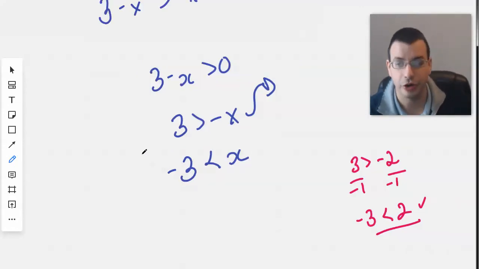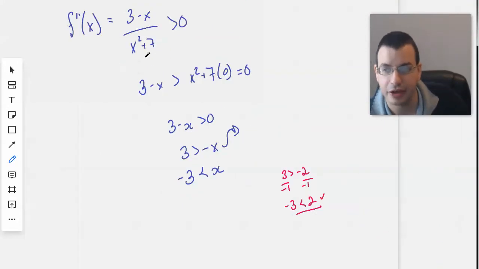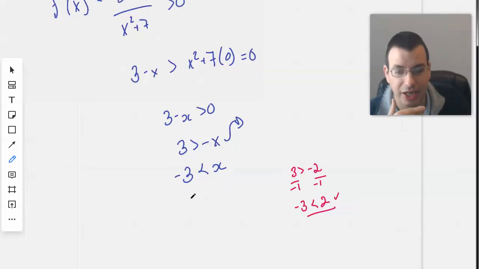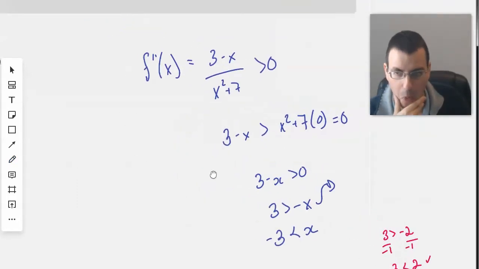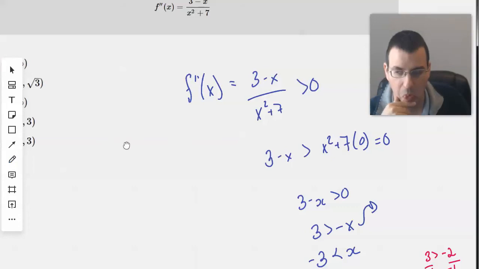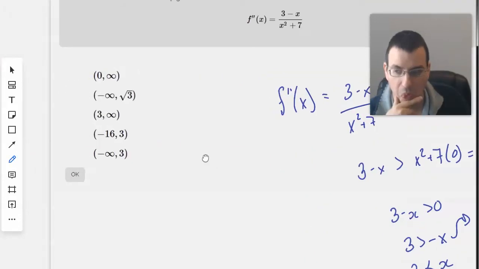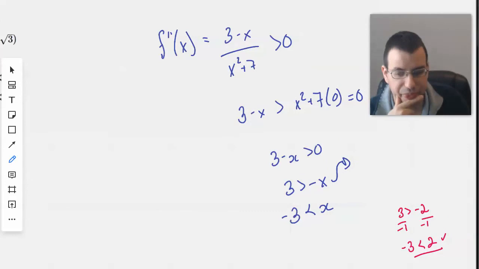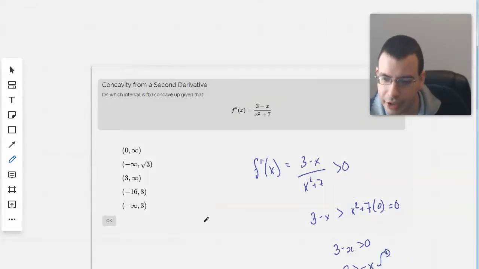Okay, so for this value to be concave up, it has to be greater than 0. And for it to be greater than 0, we know that x has to be greater than negative 3. Wait a sec.